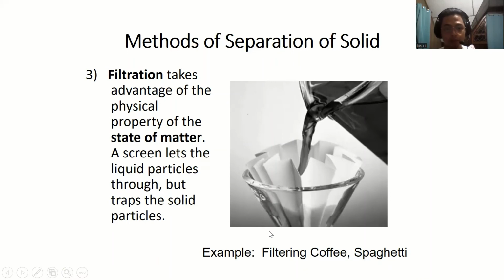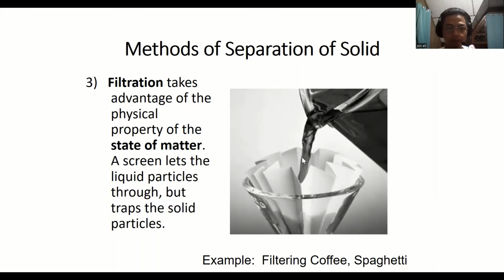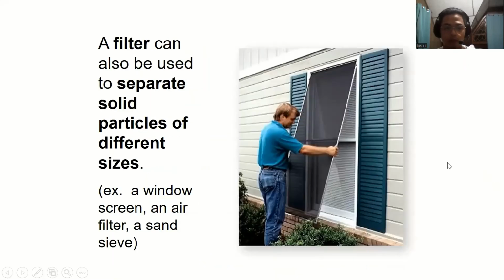Examples of filtration are filtering coffee or sugar. In a coffee filter, pour hot water over the coffee grounds, and the filter extracts the coffee while holding back the grounds. Next, a filter can also be used to separate solid particles of different sizes.